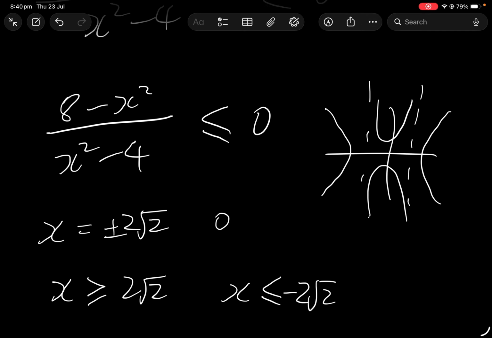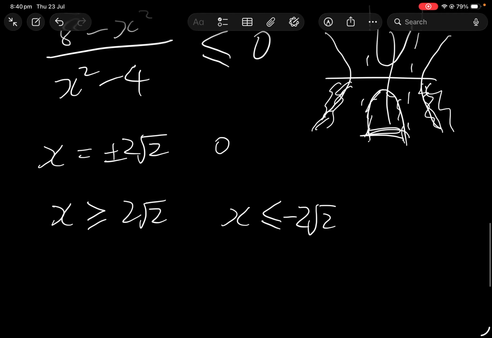I'm not sure. Okay, if it's like that, that means I want the area under, when y is smaller than or equal to 0. So I basically want these and also these. So I found these two, but I need to find the middle, and the middle is just in between the asymptotes.